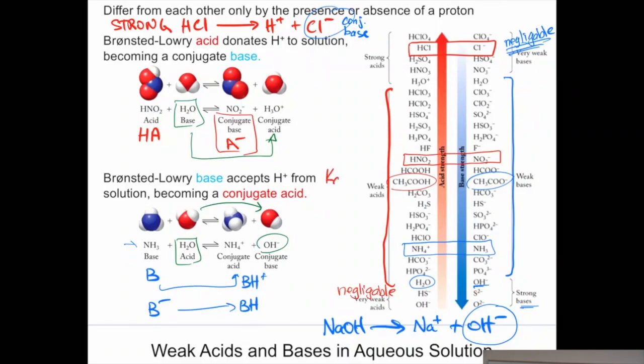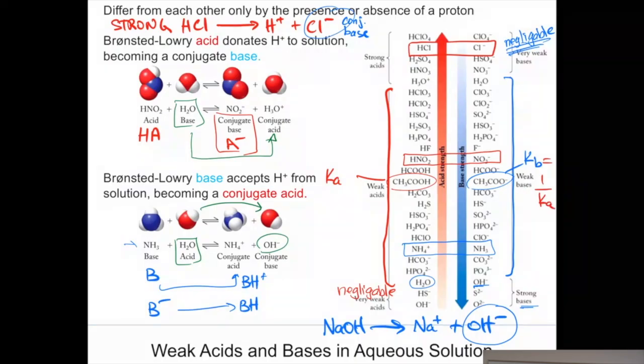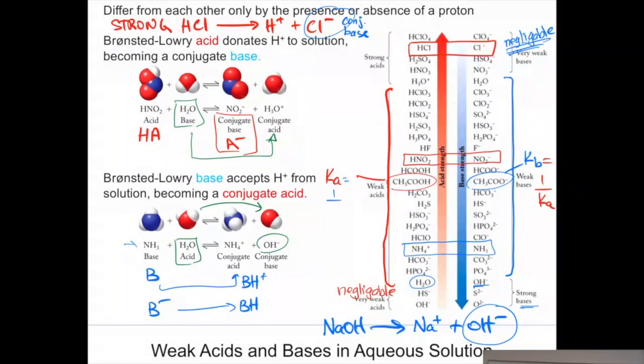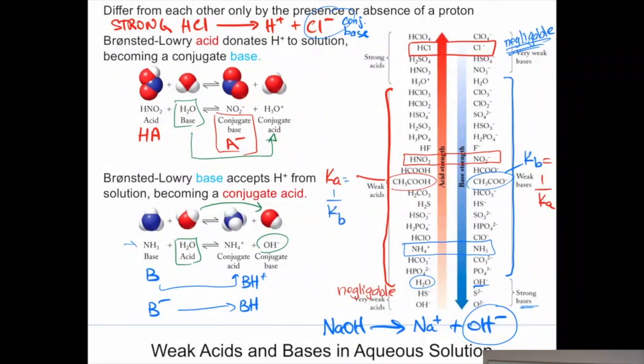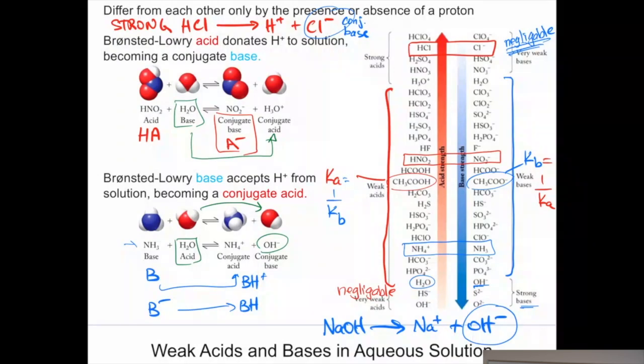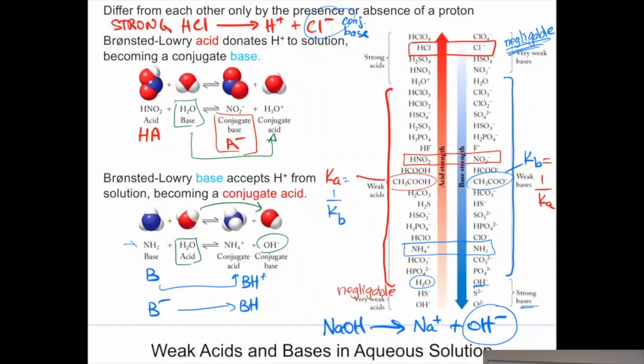So Ka for acetic acid, which is going to be the Kb for acetate, but that Kb is going to be equal to 1 over the Ka. And this Ka for acetic acid is going to be equal to 1 over the Kb. Because you learned about that, right? The equilibrium constant for the forward reaction is going to be the inverse equilibrium expression for the reverse reaction.